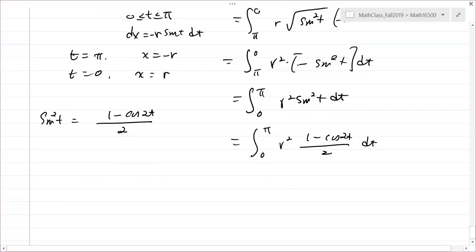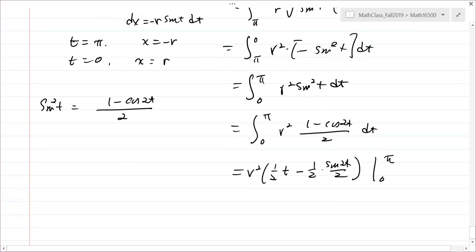So there will be two terms. The antiderivative: the first term will be one half t. The second term, be careful, the antiderivative of one half cosine 2t will be sine 2t divided by 4. We did that before, so I just write down the answer here. Then you put in pi for t, and the answer is just one half pi r squared.